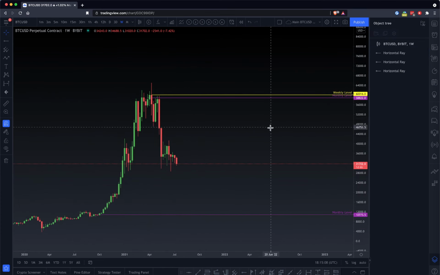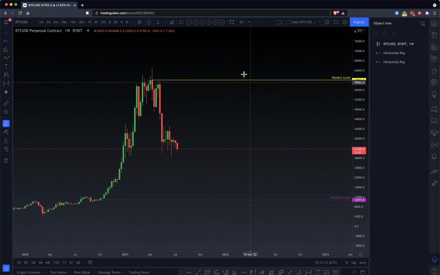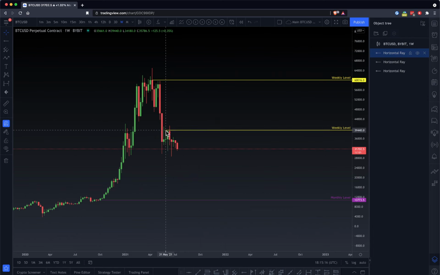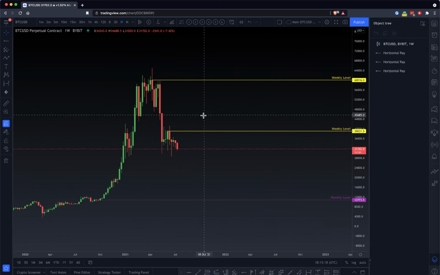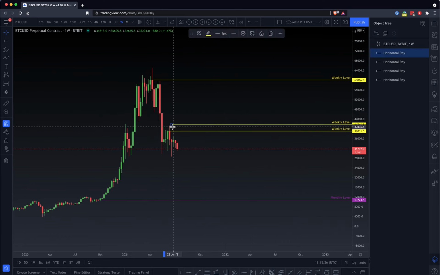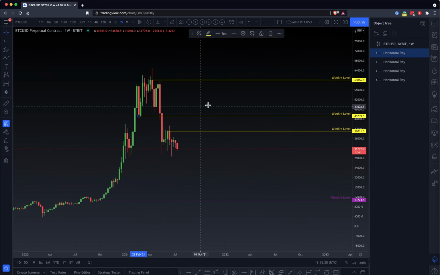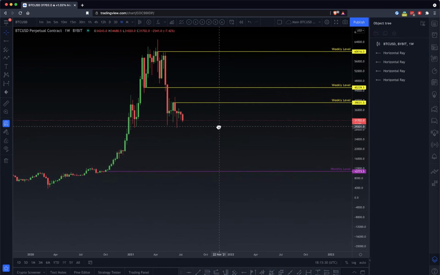Here we have another weekly level. For now, I will keep the highest and remove this one. We have another weekly here. What is this level? 49k, and this one 45k. I would like to mark this 45k here. Obviously there are different ways to do this.